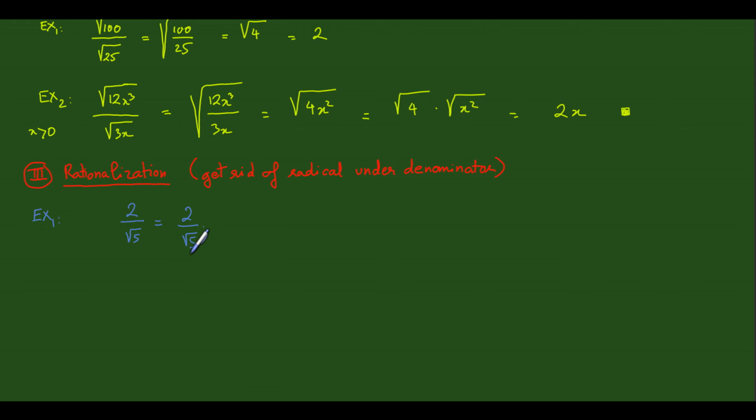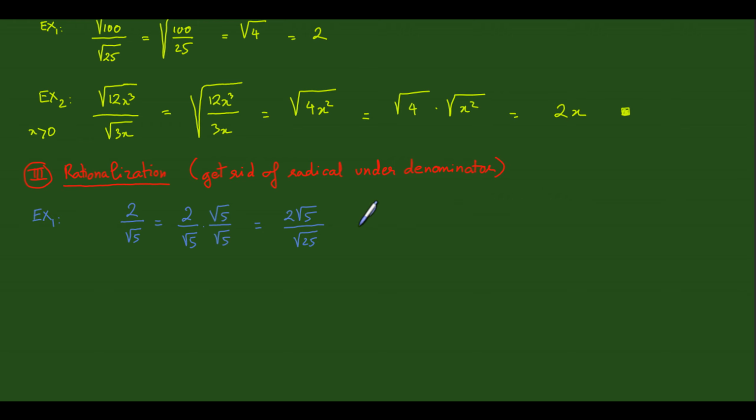The bottom is square root of 5, so I multiply the top by square root of 5 and the bottom by square root of 5. Why do I have to do so? Because when you multiply the bottom together, it gives you square root of 25. On the top, all you have to do is just rewrite it.